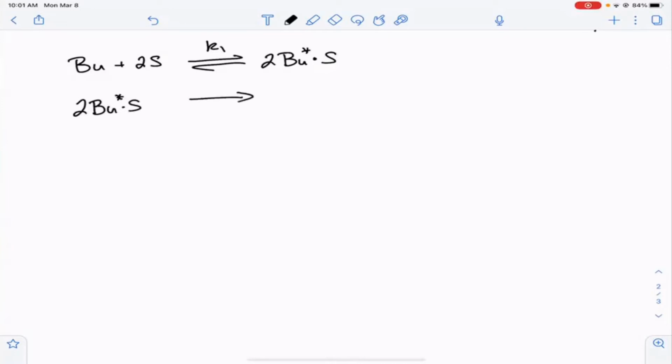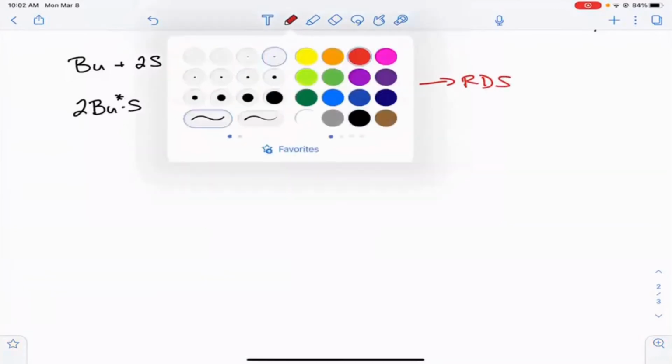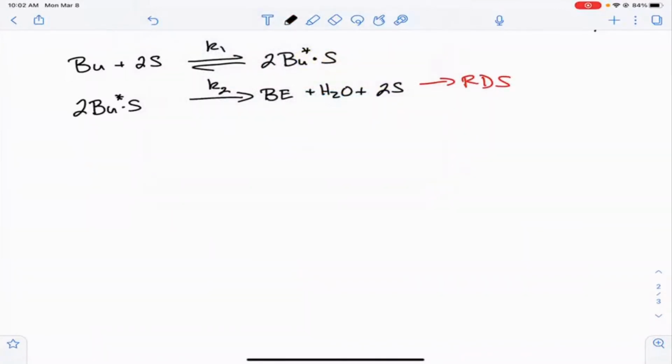And then that intermediate is going to react to give us 2-butene plus water plus 2 sites. And again, in this mechanism, this would be the rate determining step. All right, let's see what the rate law would be. Well, our rate law here would be equal to minus K2 times the concentration of butanol on the surface, this intermediate squared.